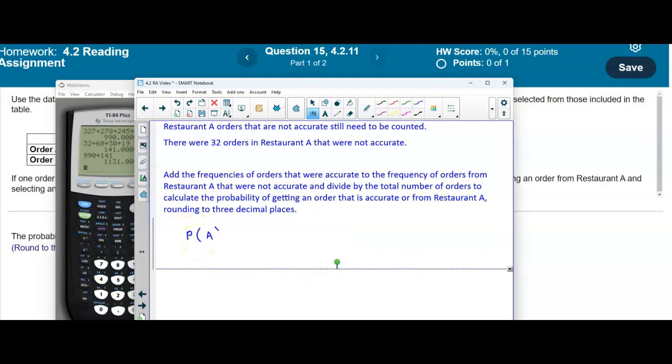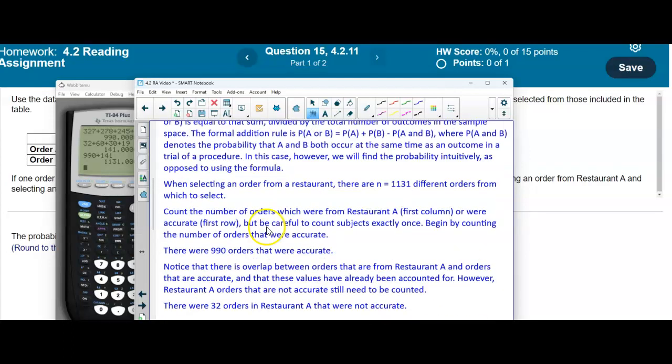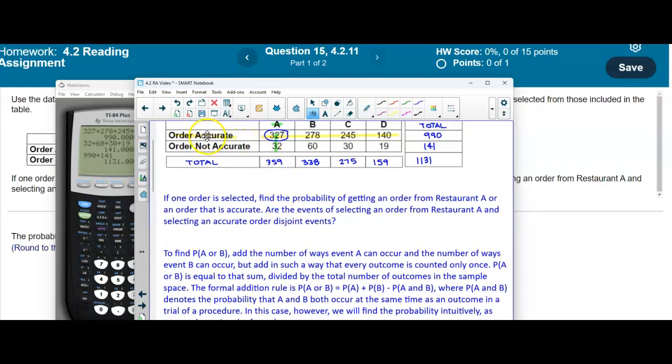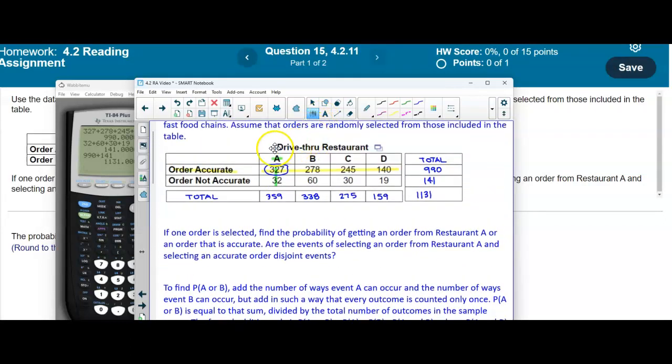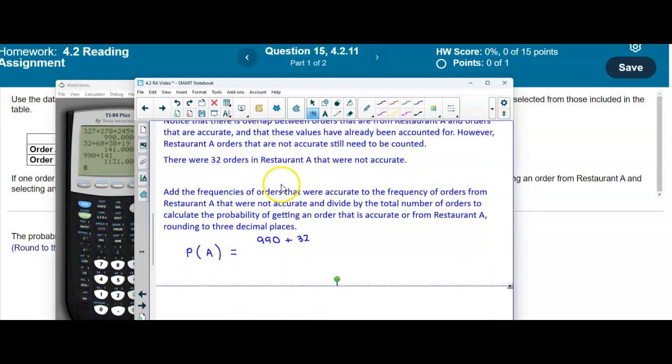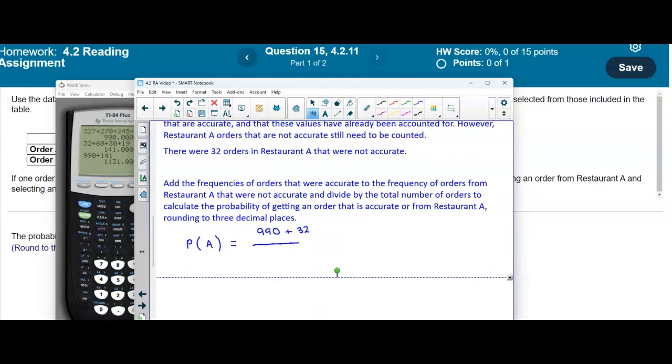So the probability is equal to 990, the value we got from adding the row for order accurate, and then we add the 32 from restaurant A, because again, we're not going to count the other number twice. Then we divide by the total number, which was 1,131.